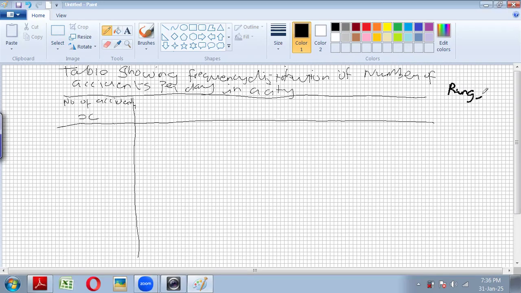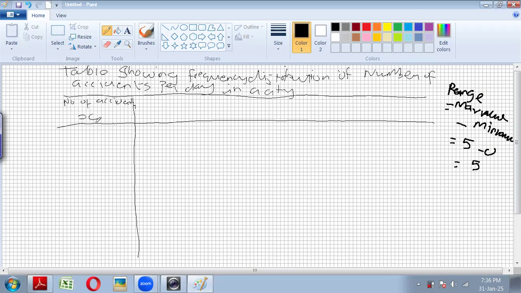Range is equal to maximum value minus minimum value, right? What is maximum value? 5. What is minimum value? 0. So the range is 5.